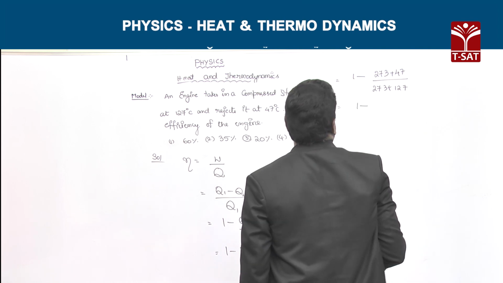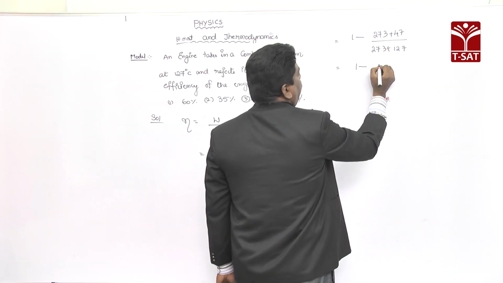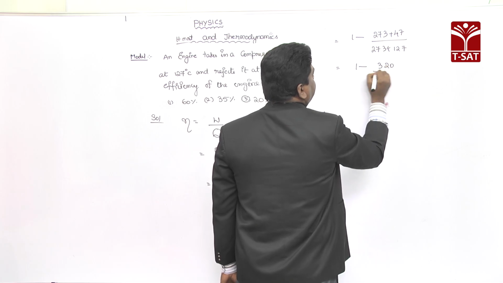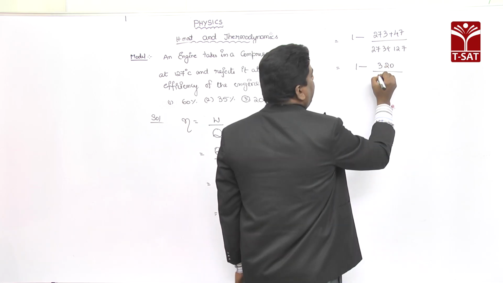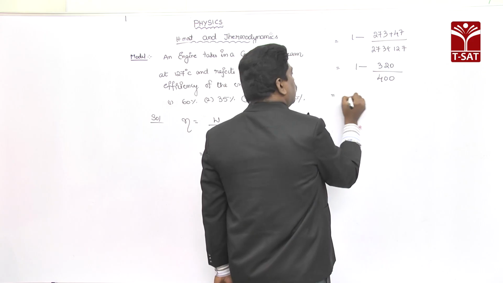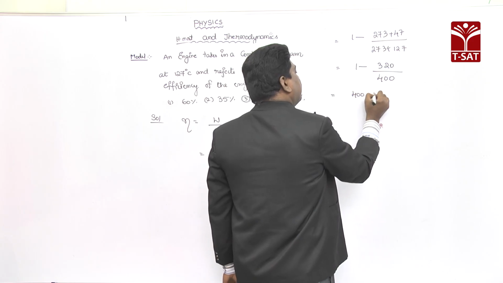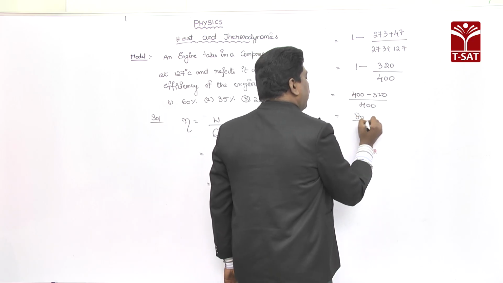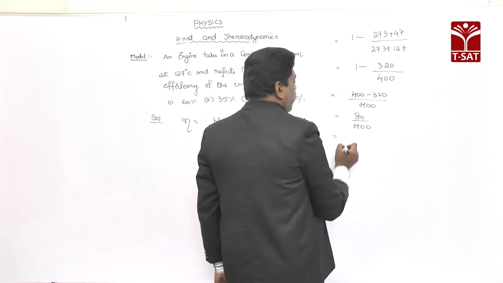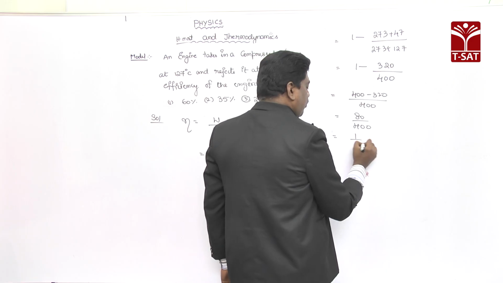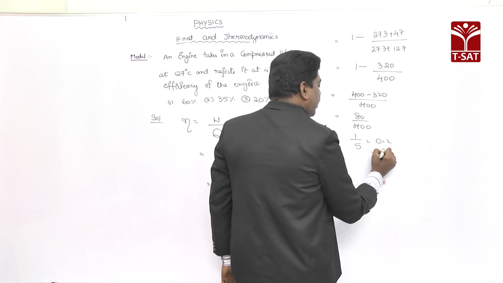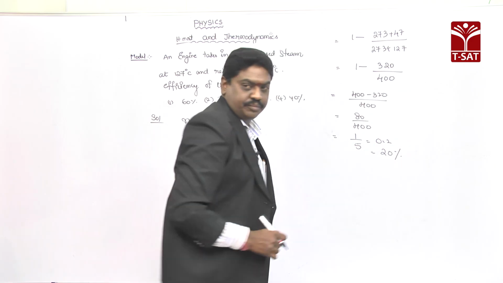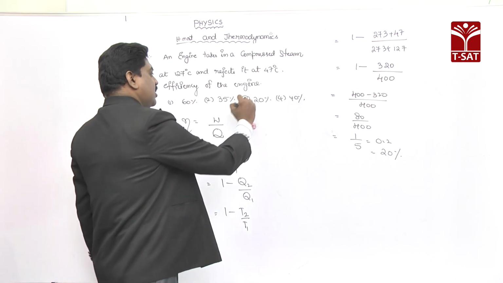So we get 320 here and 400 there. So, 400 minus 320 by 400, which equals 80 by 400, which is nothing but 1 by 5, 0.2, so it is 20%. And the option is the third one.